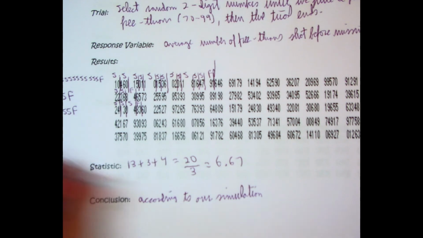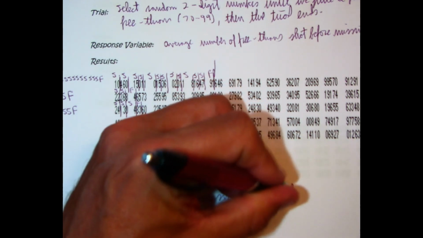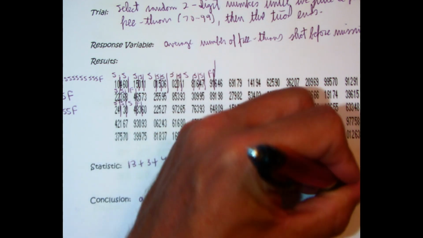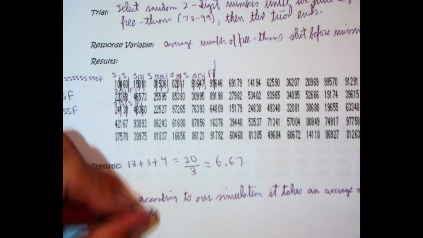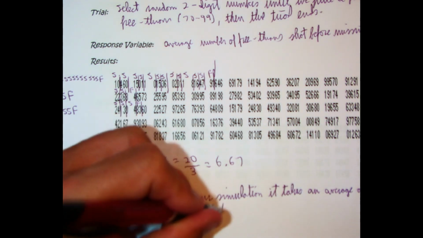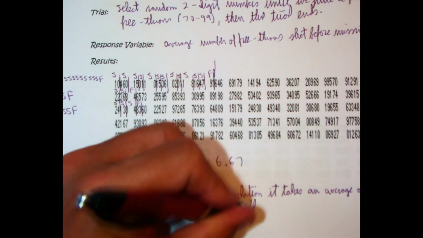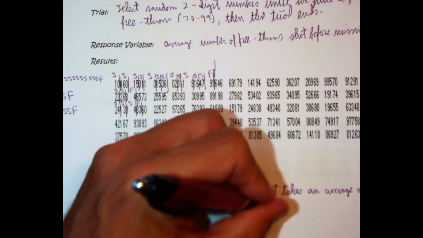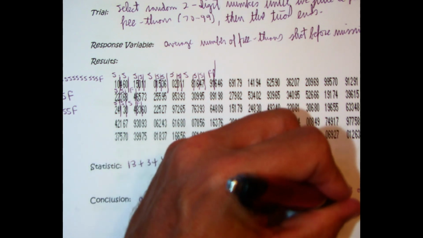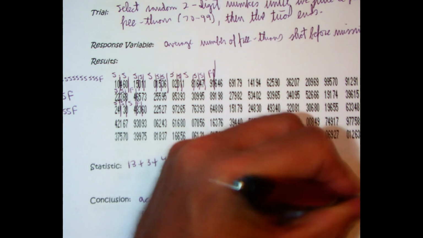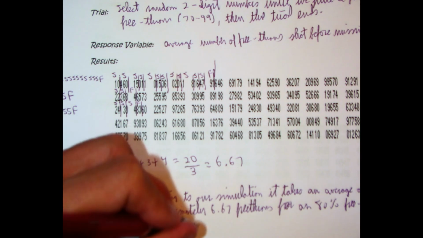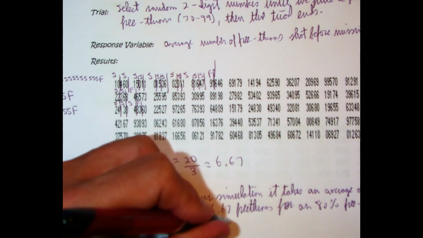So according to our simulation, it takes an average of approximately 6.67 free throws for an 80% free throw shooter to miss once.